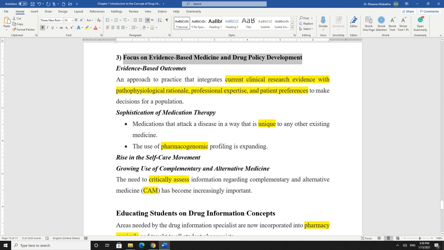Another thing which increased the role of the pharmacist as a drug information specialist is the sophistication of therapy. Now we don't say, give him any non-steroidal anti-inflammatory drug such as ibuprofen. No, you have for example drugs that we call selective COX-2 inhibitors, like Vioxx.